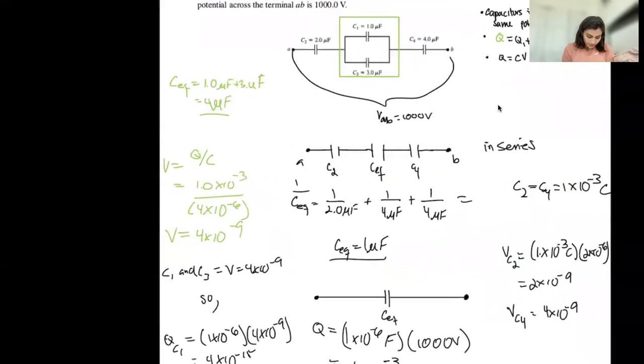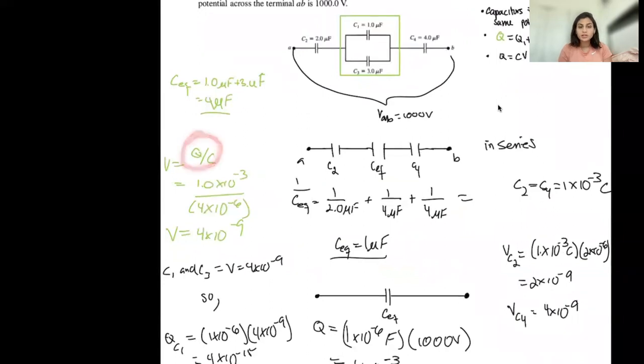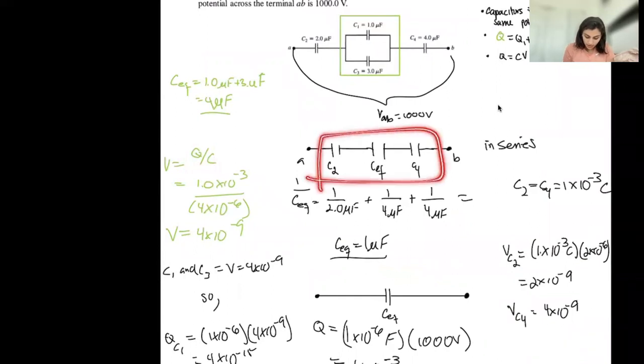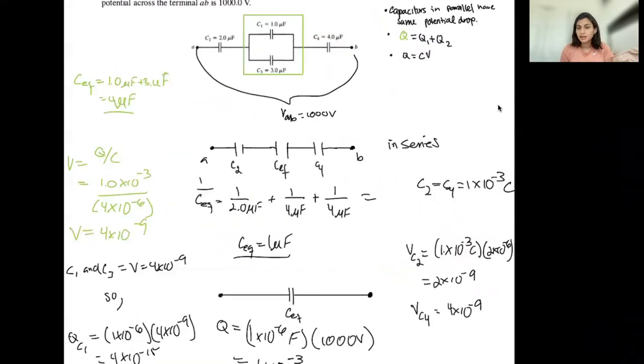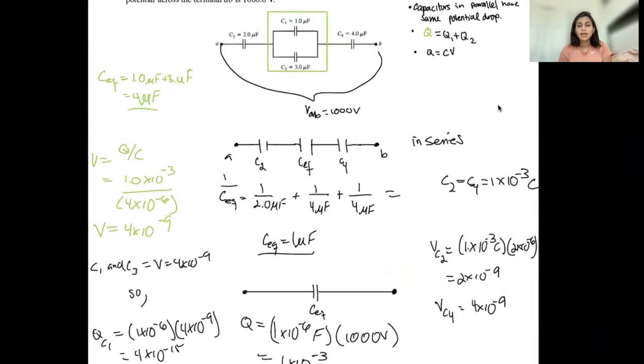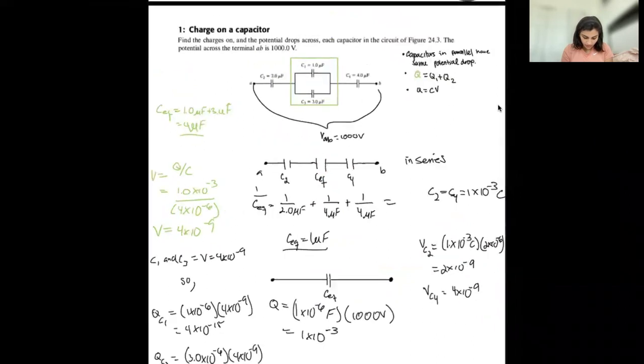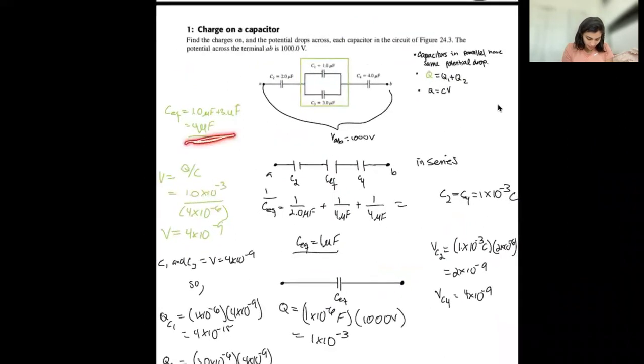Your voltage is our charge over our capacitance. The charge that we calculated for all of these was 1 times 10 to the negative 3. And we also know that the capacitance of this is the one that we calculated up here, which is 4 microfarads.